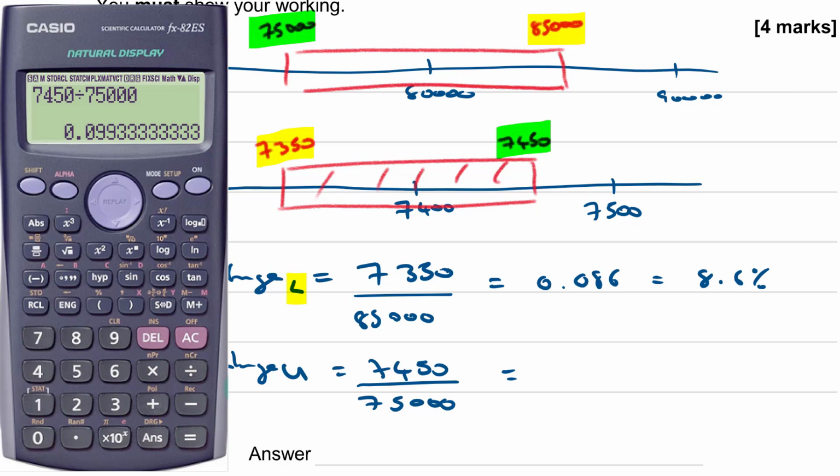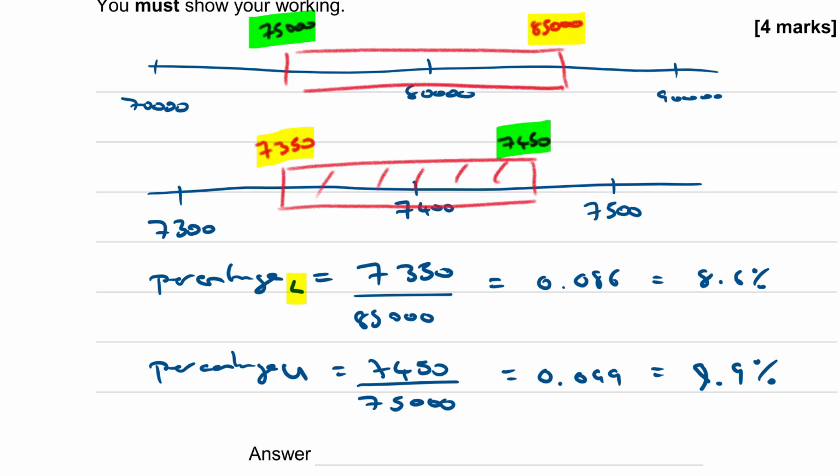Now that one comes out to 0.099, which is 9.9%. So actually she's filled between 8.6 and 9.9% of the container. So has she filled more than 10% of the container? We can say no.